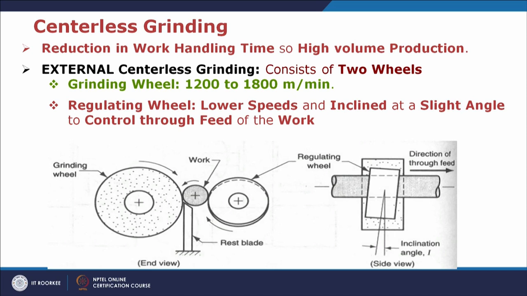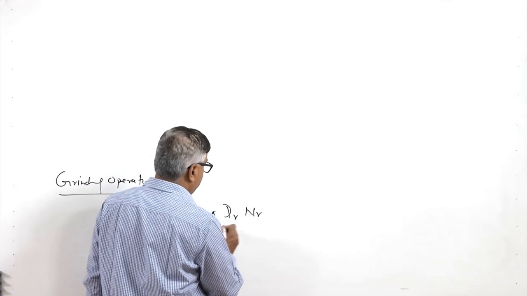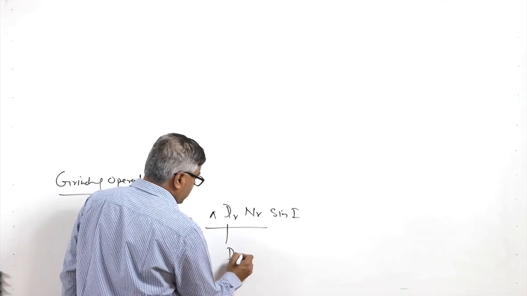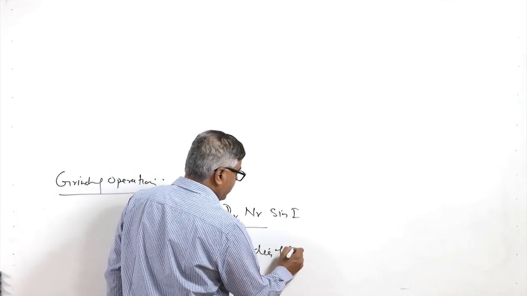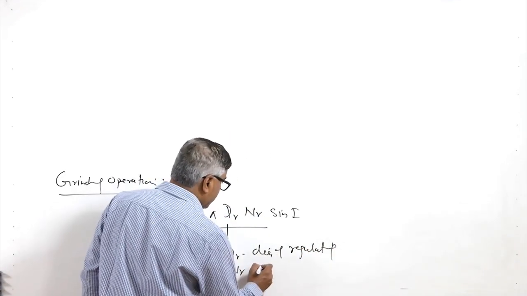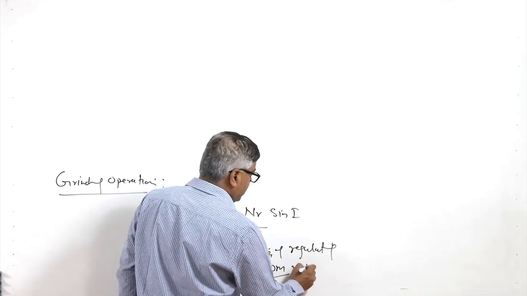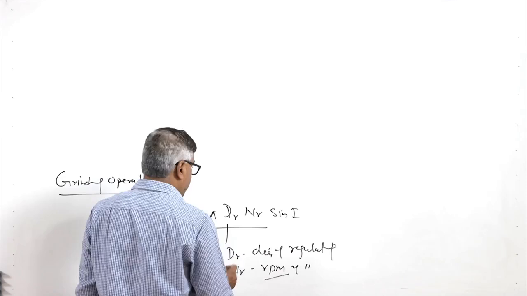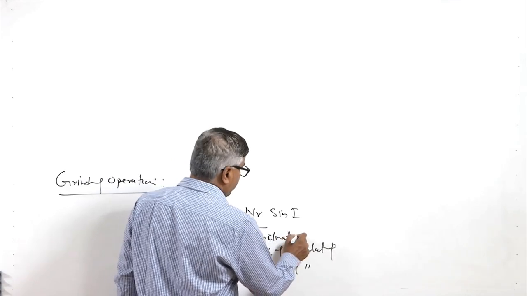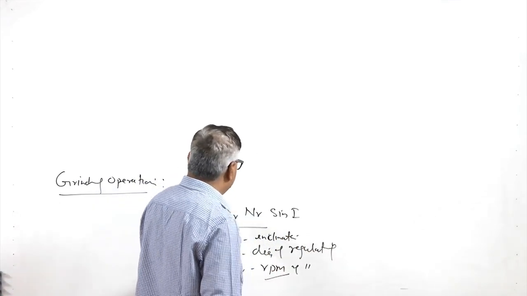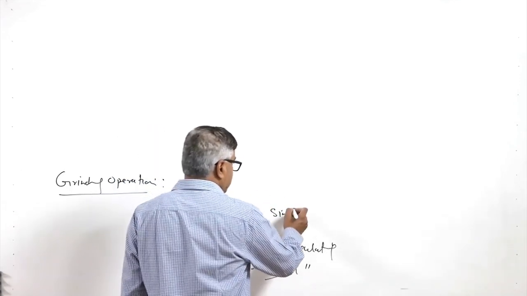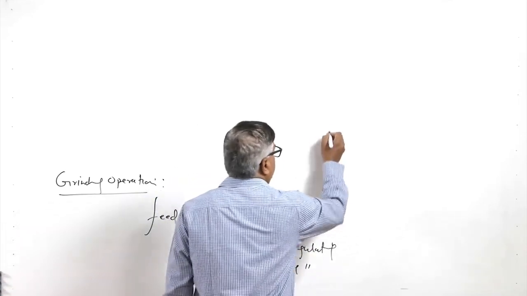The feed rate given to the workpiece in centerless grinding can be obtained from pi D_R N_R sin I. Here, D_R is the diameter of the regulating wheel, N_R is the rotational speed in RPM of the regulating wheel, and I is the inclination given to the regulating wheel with respect to the vertical plane.